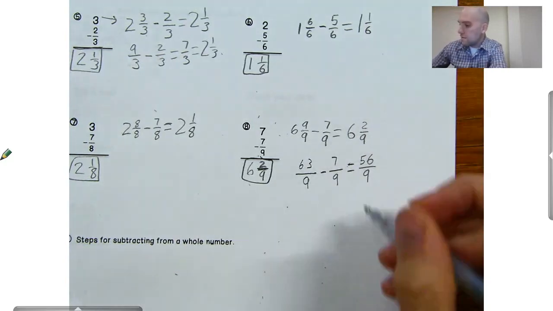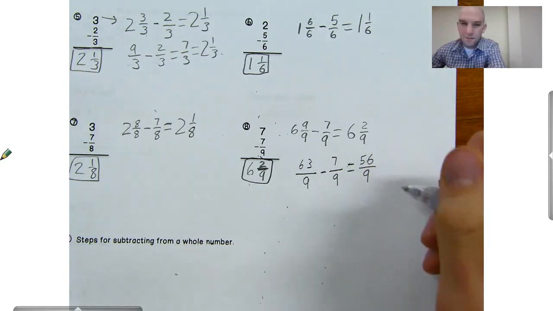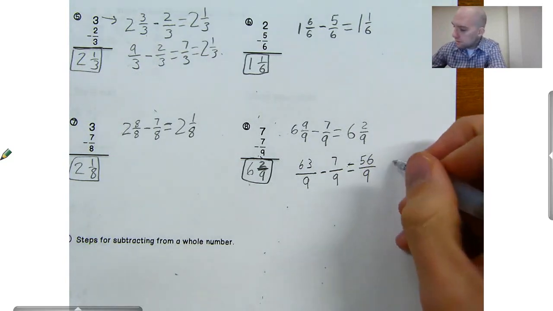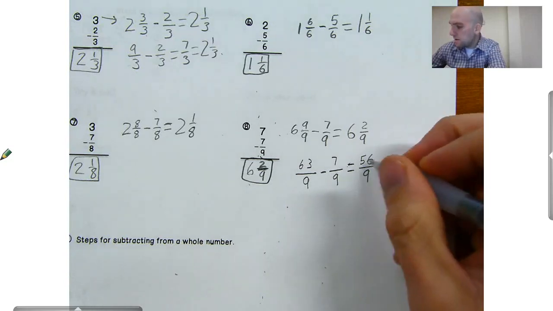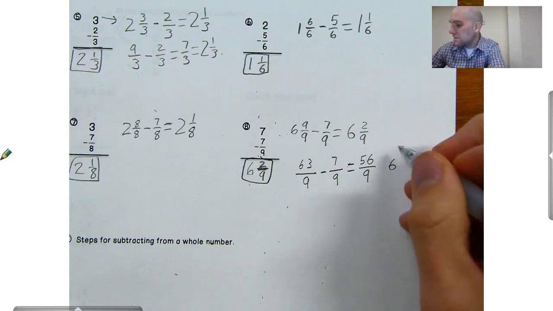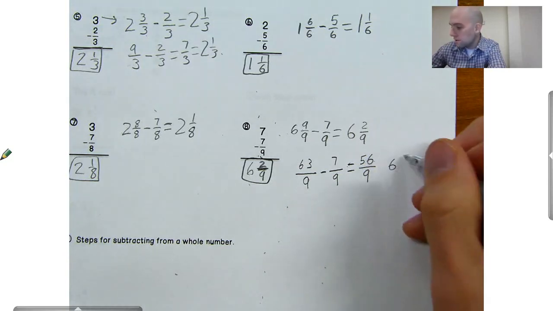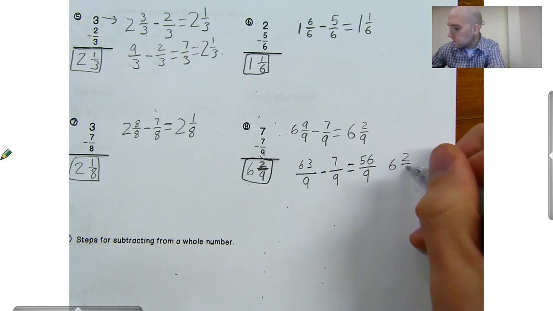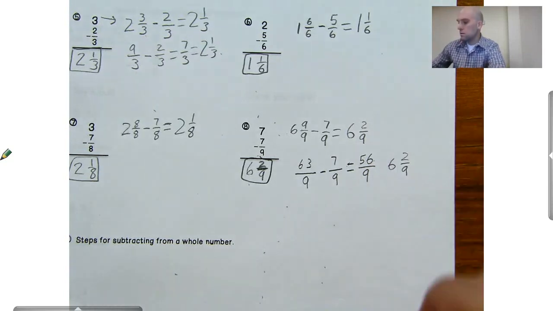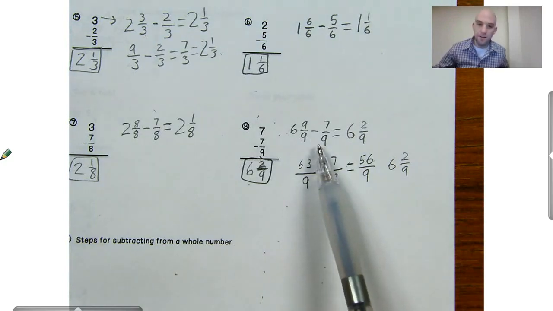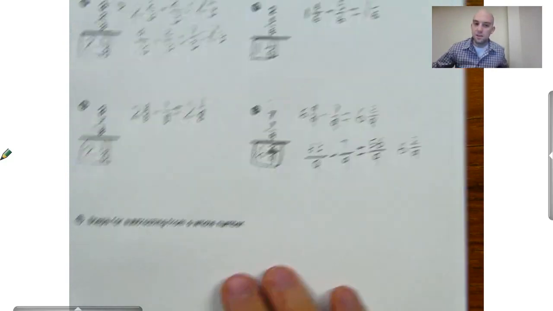And then we would have 9 goes into 56 6 times. So we'd have 6, and 6 times 9 would be 54, and we would have 2 left over. So it would give us 6 and 2 ninths. Both will give us the same answer. This way we have to simplify or reduce a whole lot less.